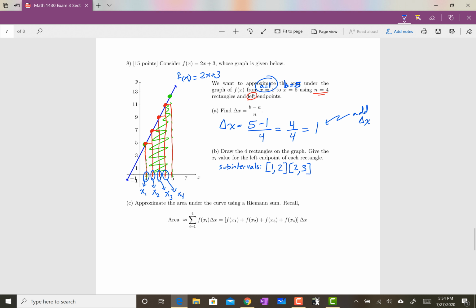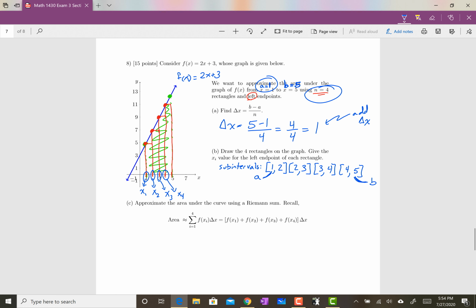That's our second subinterval. 3 plus 1 is 4. That's our third subinterval. 4 plus 1 is 5. That's our fourth and last subinterval. So if you've done this correctly, you should notice 2 things. The number of subintervals should be the same as n, and the very first value should be a, the very last value should be b, if you've done it correctly.